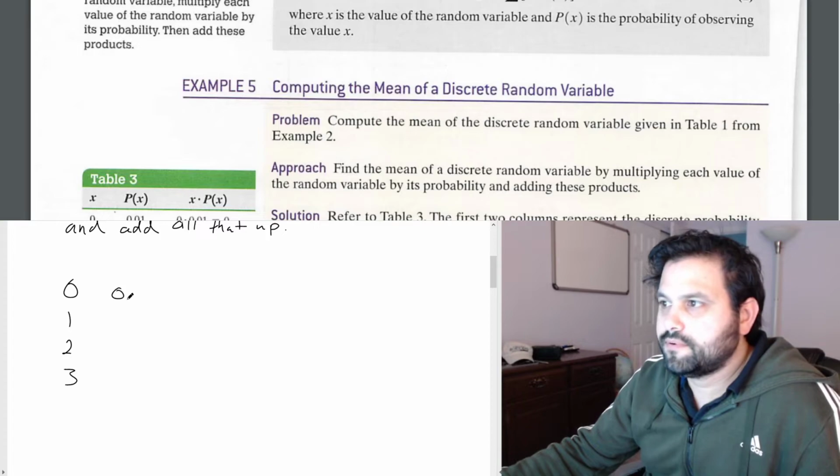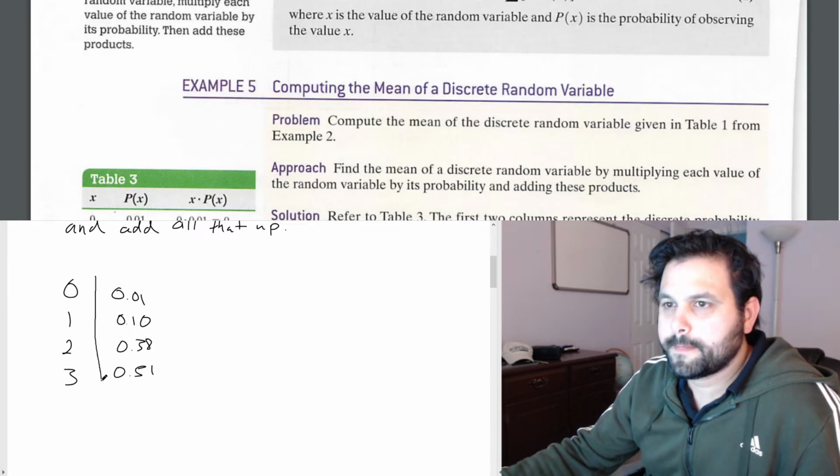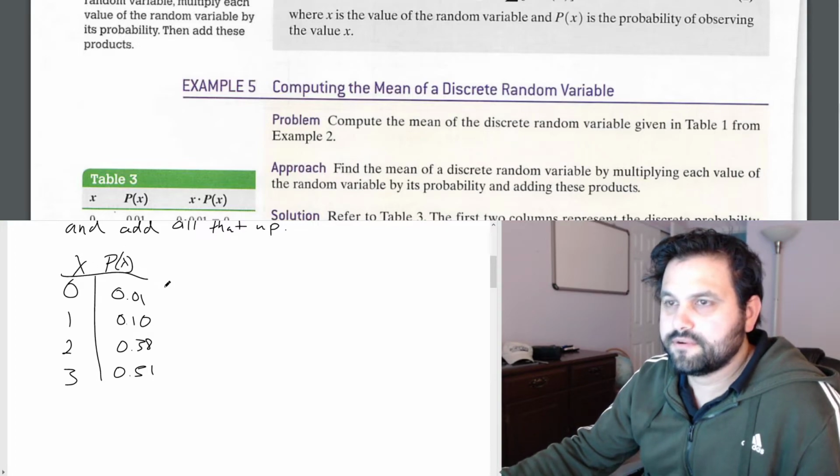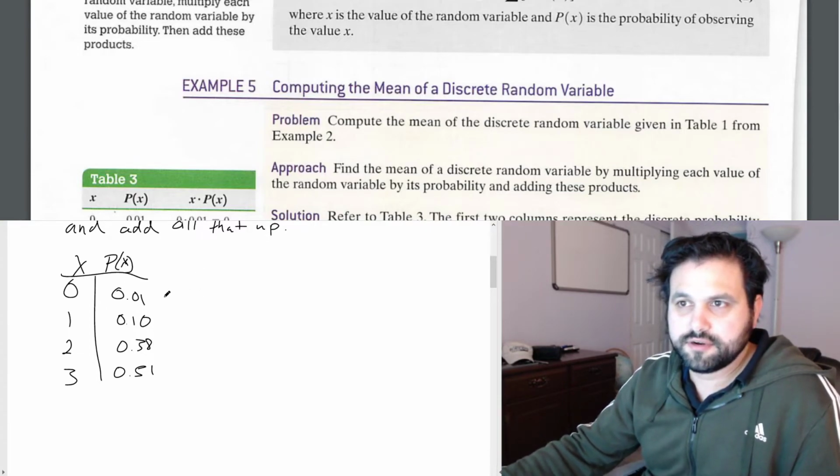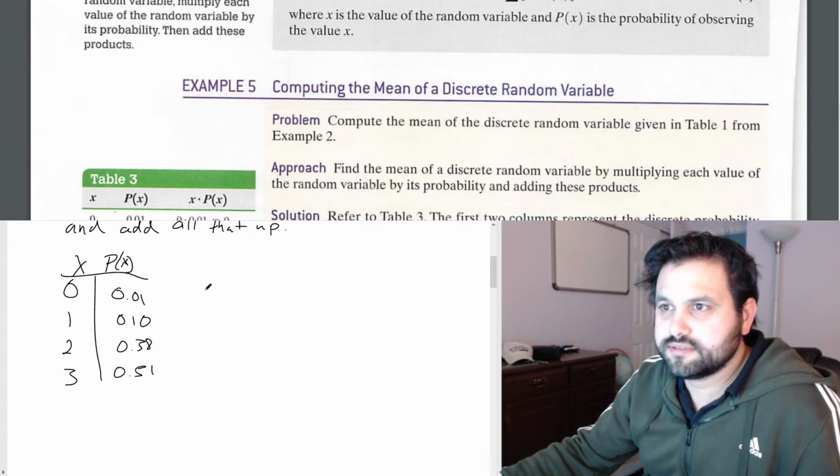And we had 0.01, 0.1, 0.38, and 0.51. So if I'm trying to find the average of this, I'm going to multiply across. 0 times 0.01, that's a nice easy multiplication. That's going to be 0.